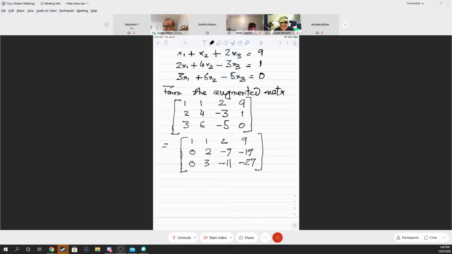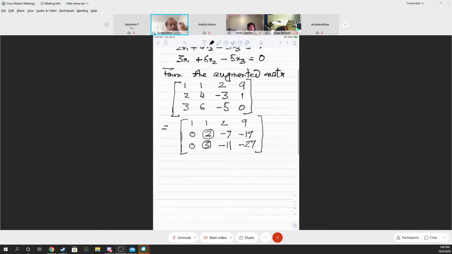No, first multiply the first row by negative 2, add it to the second row. Then multiply the first row by negative 3, add it to the third row. Okay, got it. So this is what you get. And now I want to make this guy 1, and this guy 0. So what do you do? You multiply by half, isn't it?